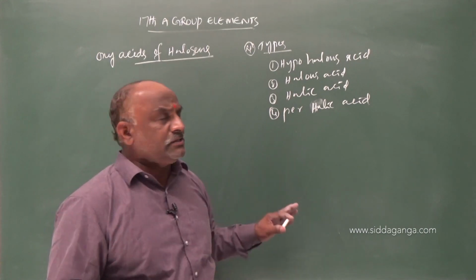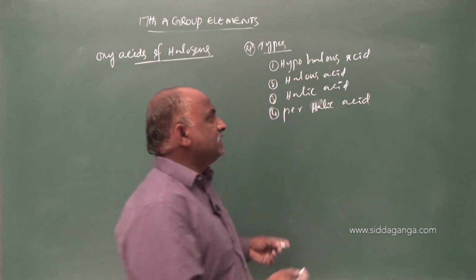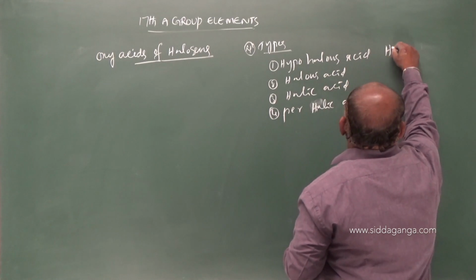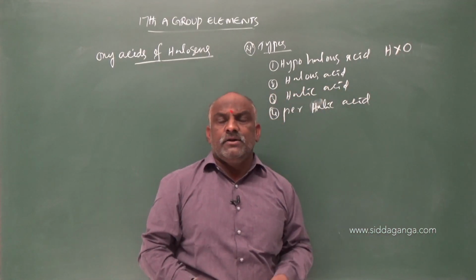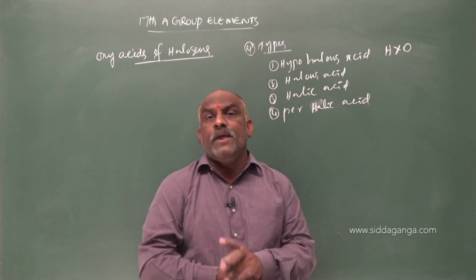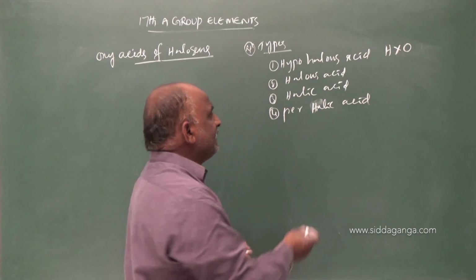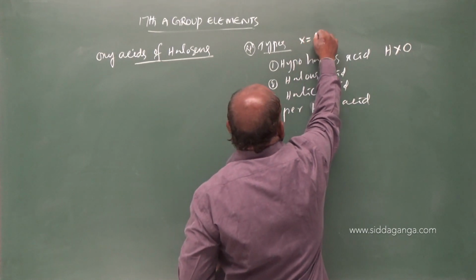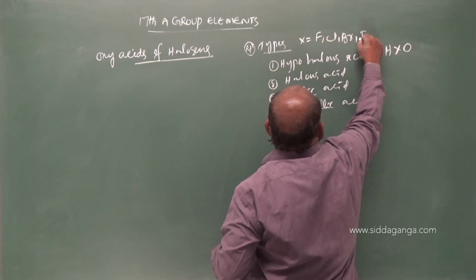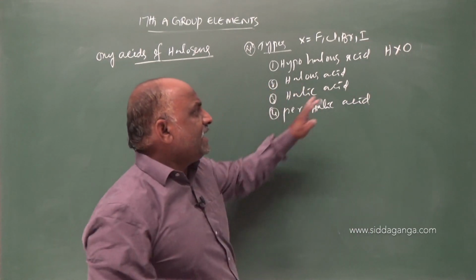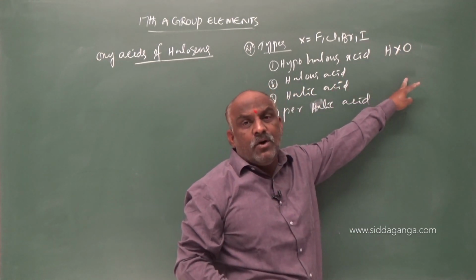What are the formulas? Hypohalous acid is represented by HXO. What is X? X is fluorine, chlorine, bromine, or iodine. HXO, hypohalous.